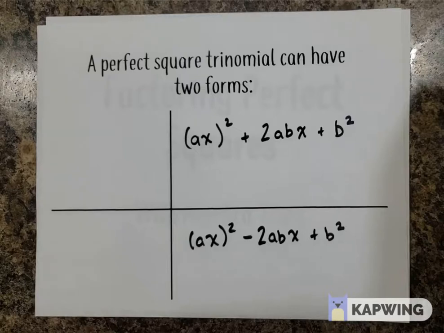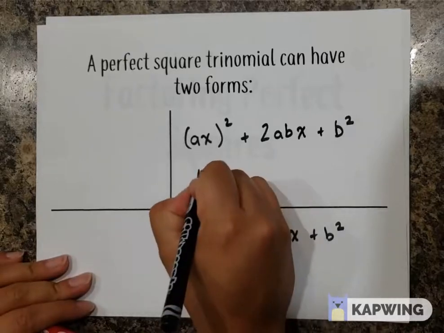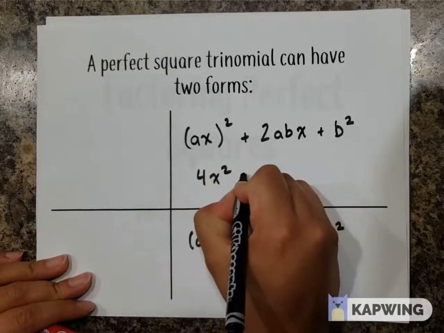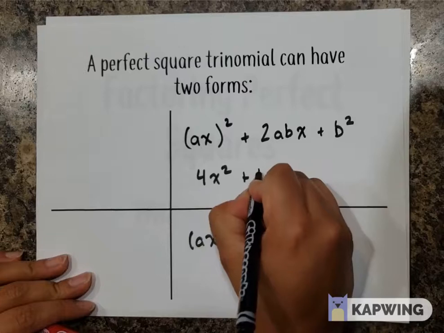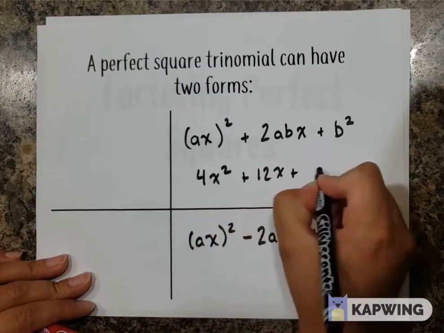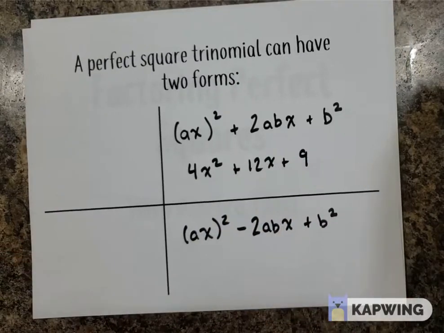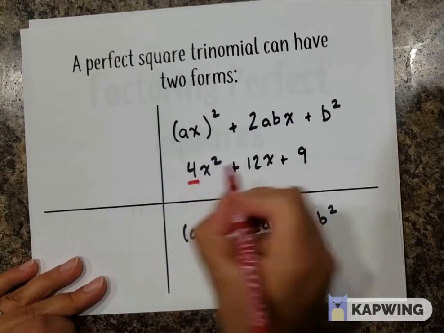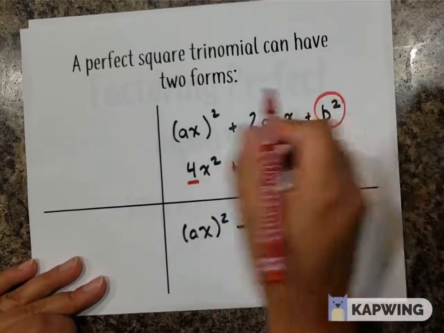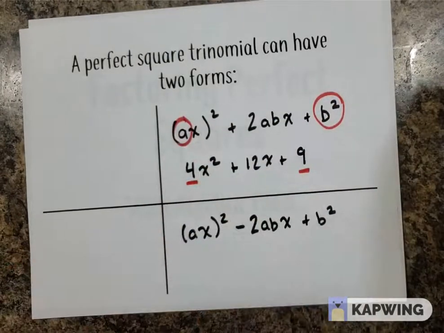So an example that I could give you is something like 4x squared plus 12x plus 9. So you can see that your a and b value here are both perfect squares.